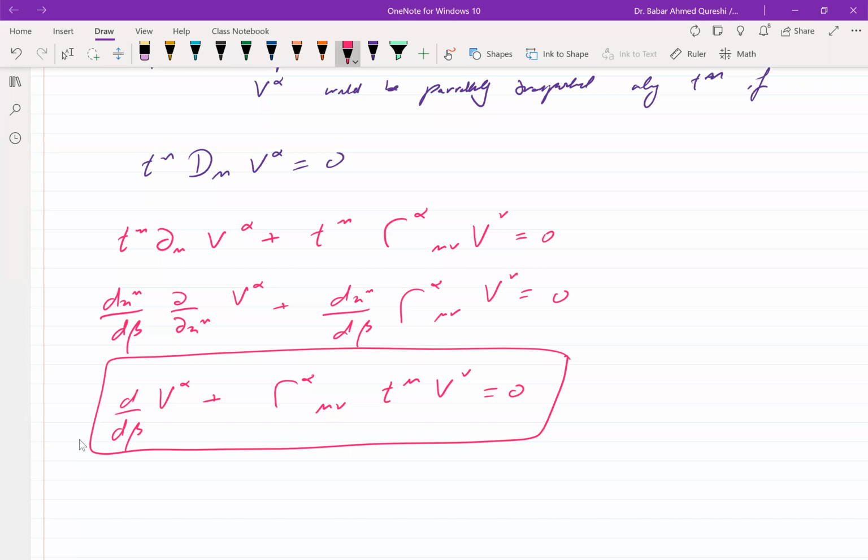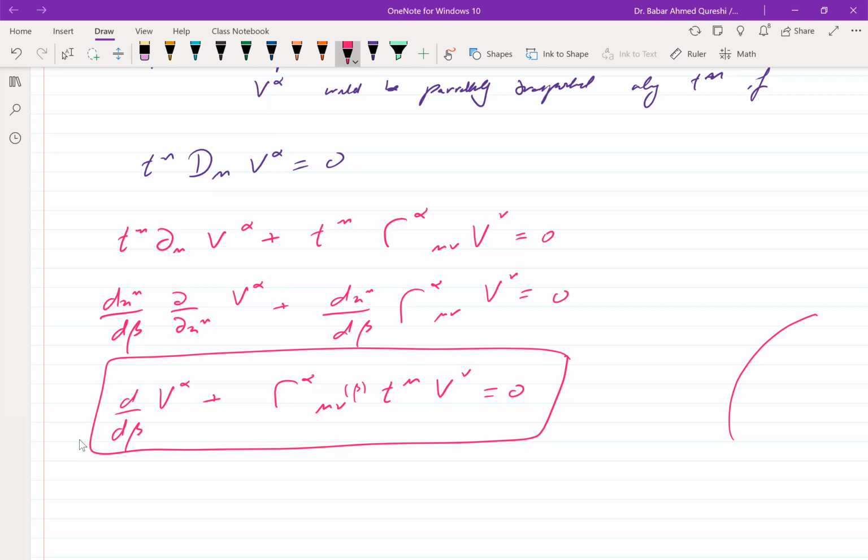So you're given a curve, you set up this equation, and this is a first order differential equation in beta. These gamma alpha mu nu you will pick from their values along this curve.